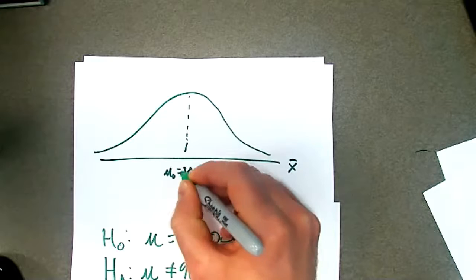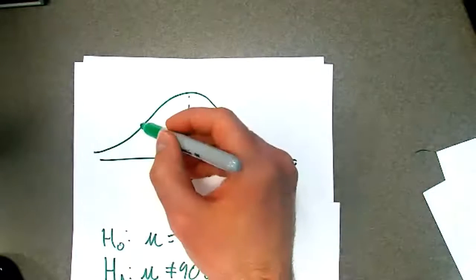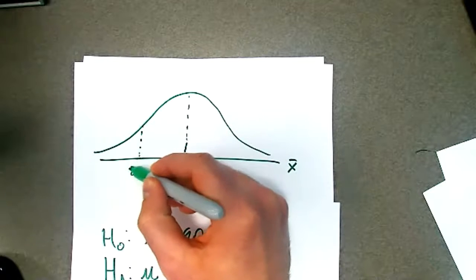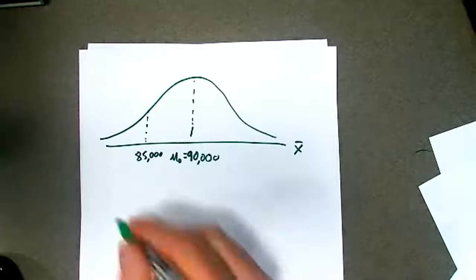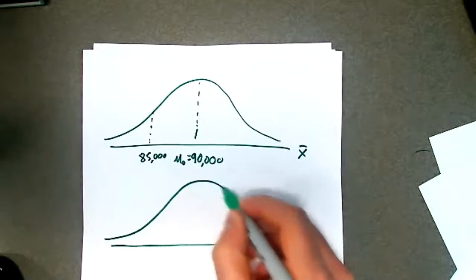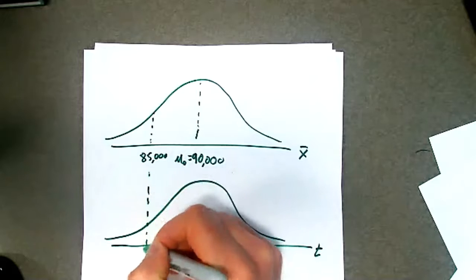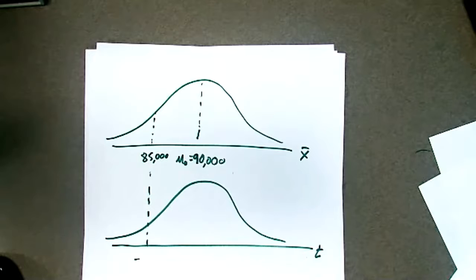So if what I assumed to be true was in fact true, my sample mean should be normally distributed around that. I then found a sample mean of 85,000. So when I think about converting this to my t statistic, I saw something below the mean, so I should have a negative test statistic, right?